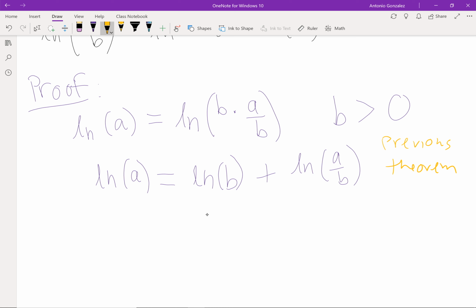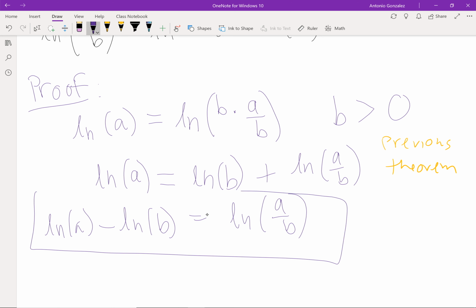Now let's do some algebra here, and let me bring the ln of b over to the other side. So we have the natural log of a minus the natural log of b is equal to ln of a over b. And that concludes the proof. So here is our second rule for logarithms.